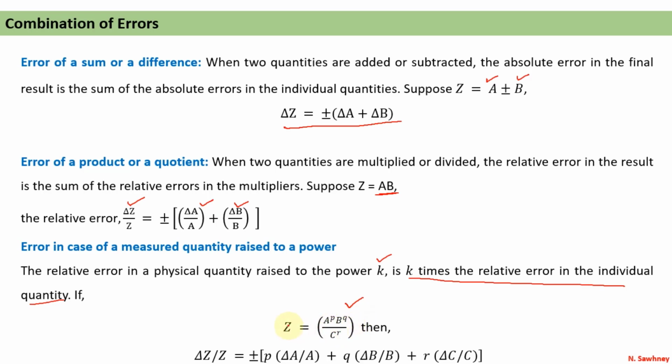Then, the relative error in the resultant will be simply the summation of the individual relative errors multiplied by their powers. Here A was raised to the power p, so in the resultant, it will be p times the relative error of A. For this term, it will be q times the relative error of B, and for the denominator term, it will be again plus the relative error multiplied by the power. Here the power is r.